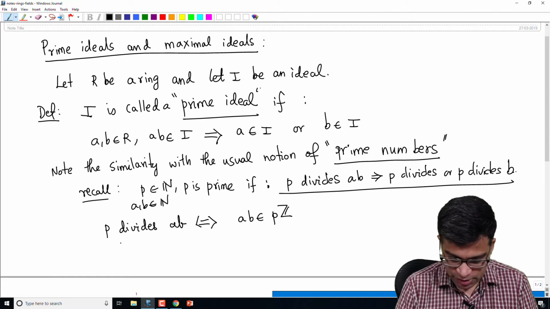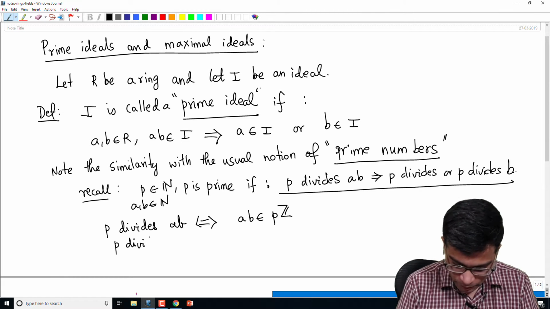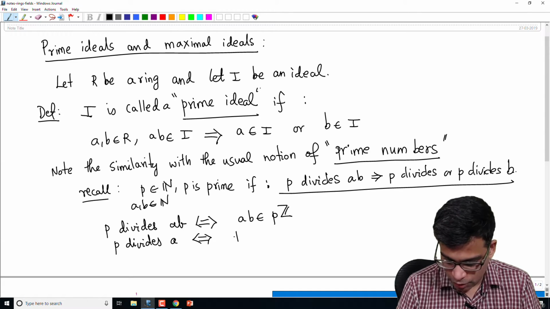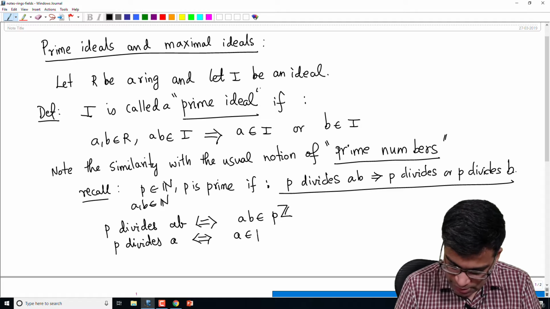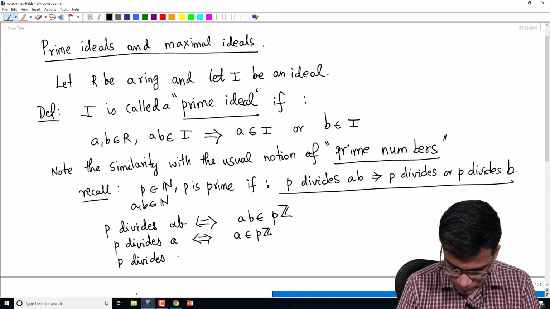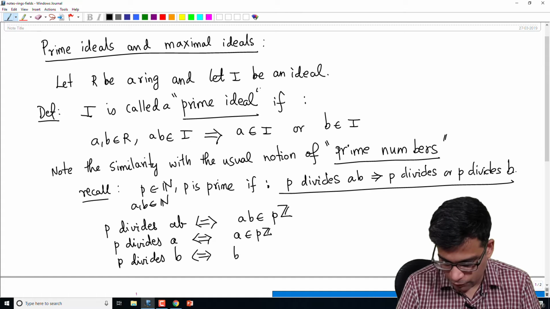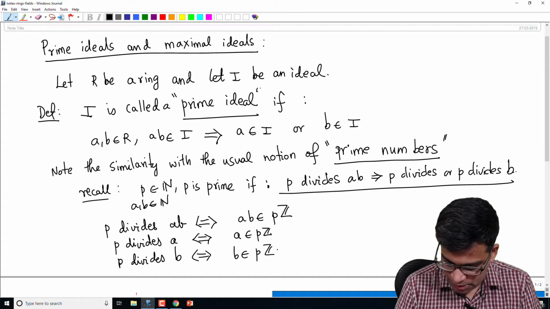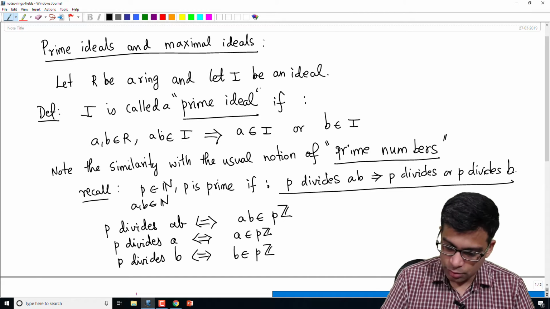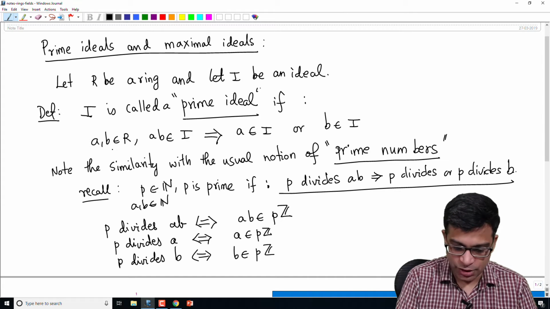Okay. So now what does it mean to say P divides A? The same idea, right? P divides A if and only if A is in PZ. Similarly, P divides B if and only if B is in PZ. Okay, so that means this is exactly what you have seen here.